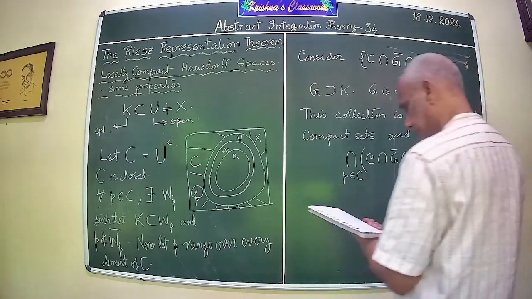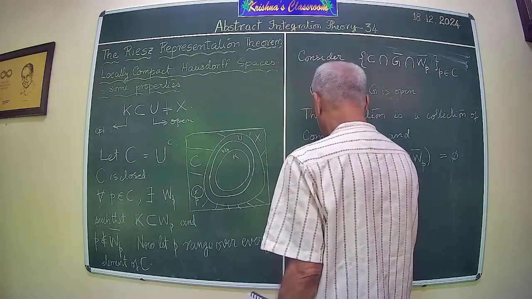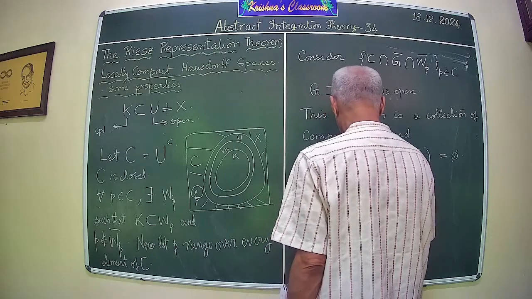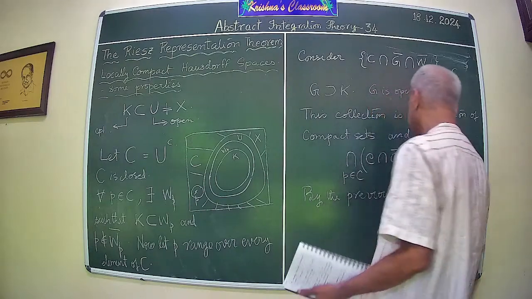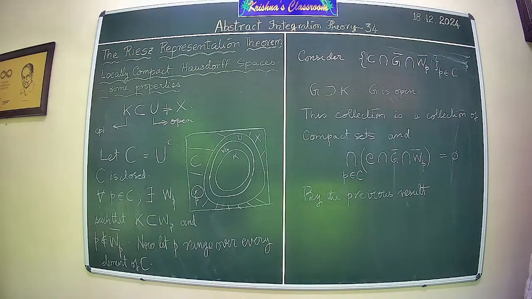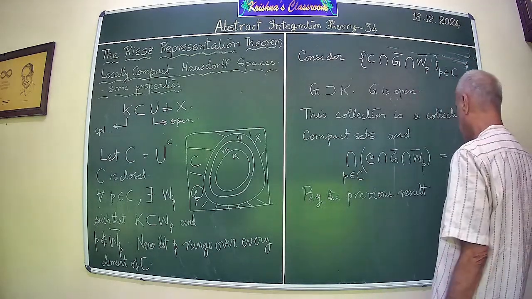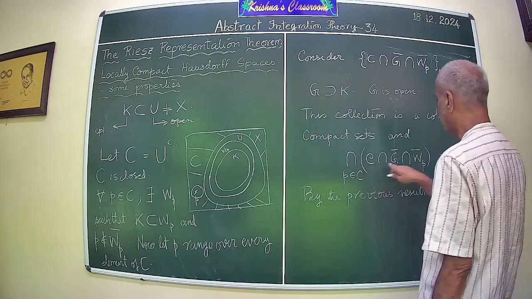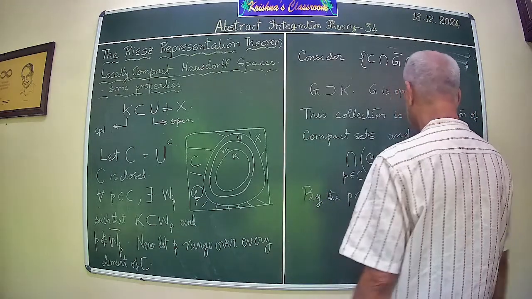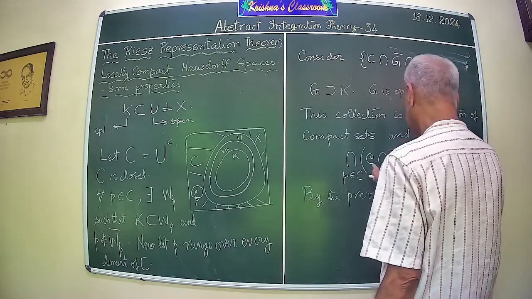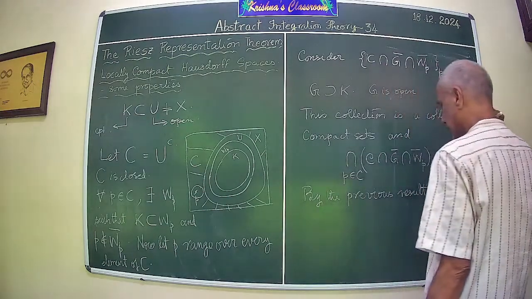Now what one does is this. Therefore, since this is empty by the previous result, that is because C and this part are non-intersecting.